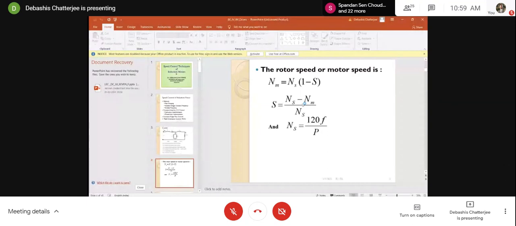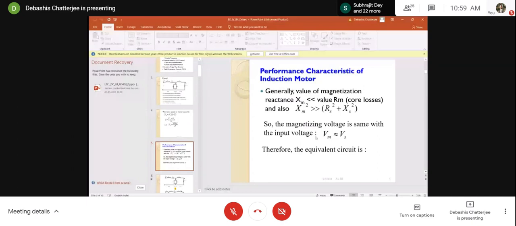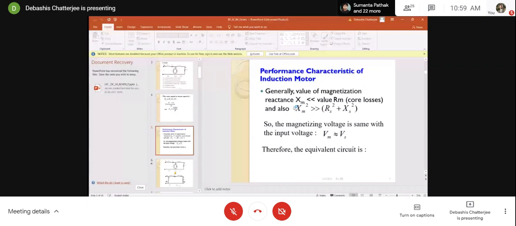At present, we will go for the crude method, where we will try to vary the synchronous speed, which is given by 120 F by P. Now you come here. If you look at the equivalent circuit and the reactance XM, that means in this circuit XM is a magnetizing reactance.